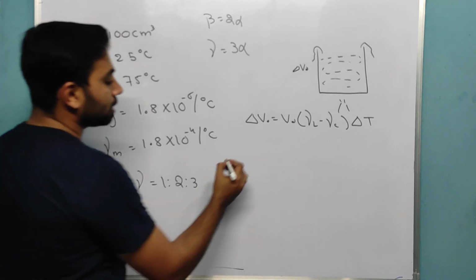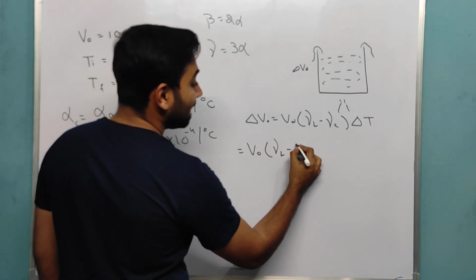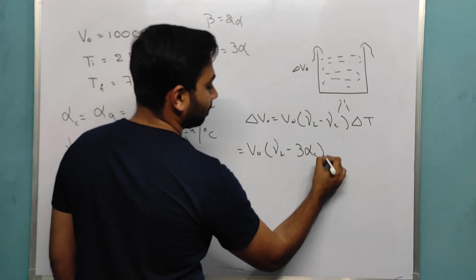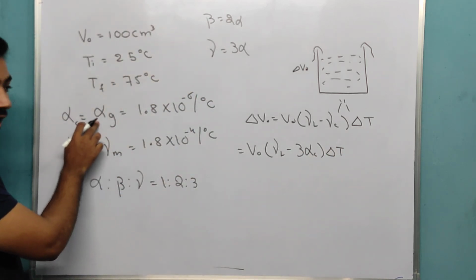Now let us start substituting here. V0 into gamma of the liquid minus 3 times alpha of the container. Here we change to 3 alpha because the container is given in alpha, and I want it in gamma.